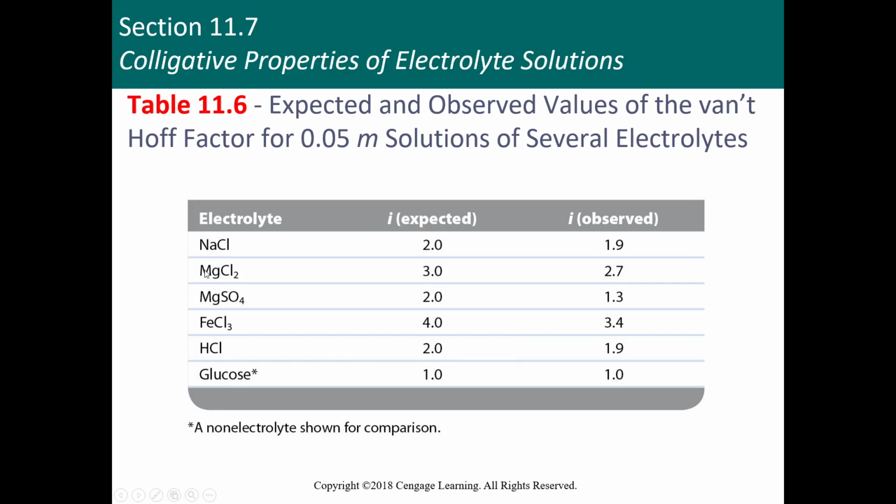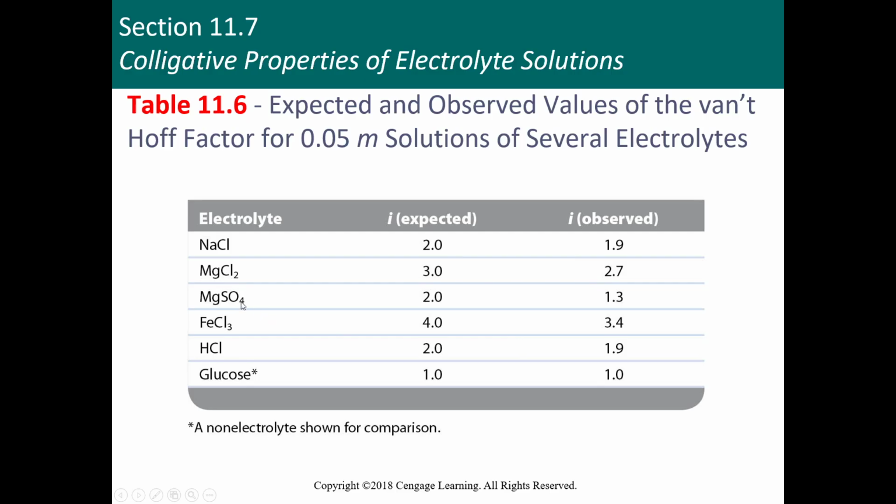What this means is this is more charged. It's a stronger magnet. So it's going to be easier for this to cause ion pairing with one of the Cl's because it's a much stronger magnet. And we see that we have more deviation. Our observed i value is more deviated, more different than the expected 3.